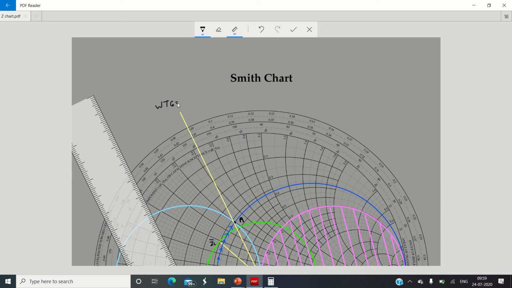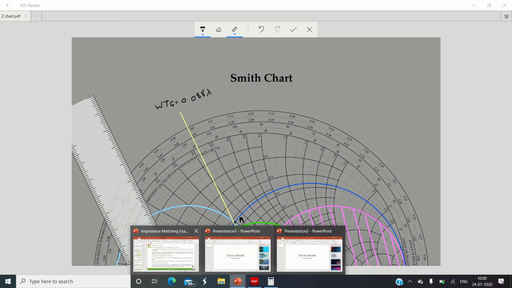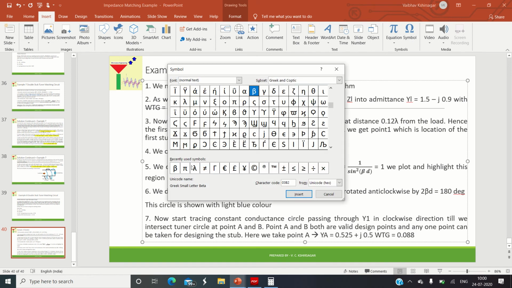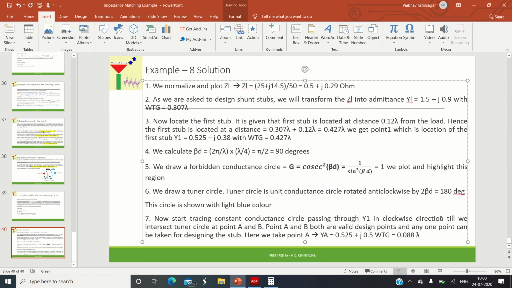Here at point A I got 0.088 lambda. So in the slide I will write that value. The WTG I got here is 0.088 lambda. Insert the symbol lambda. Okay, so at the design point we have noted down the admittance and the WTG.